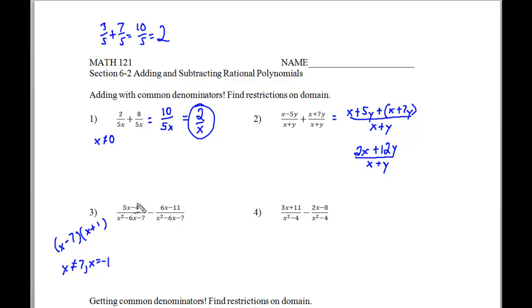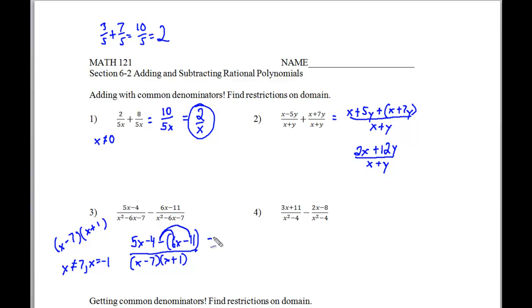Now, I'm going to look at my numerator here, so I have 5x minus 4, minus, in parentheses, 6x minus 11, all over this denominator of x minus 7, x plus 1. Now I'm going to combine the numerator. Because this is going to get distributed to the inside, this becomes a negative 6, and this becomes a positive 11.